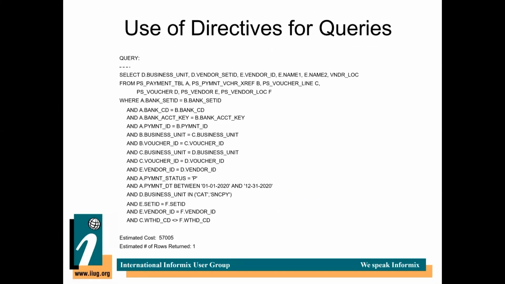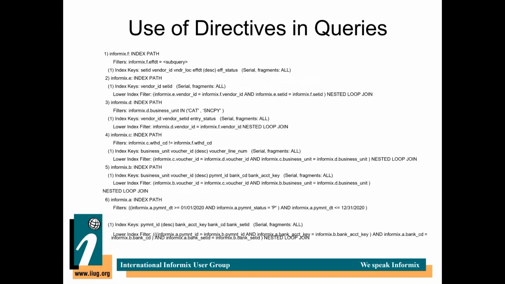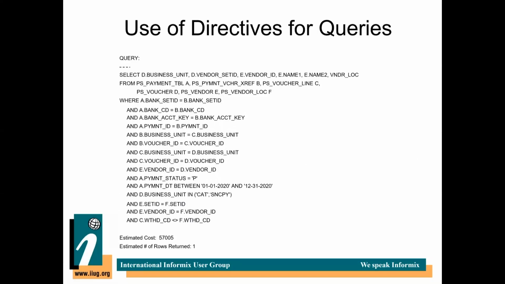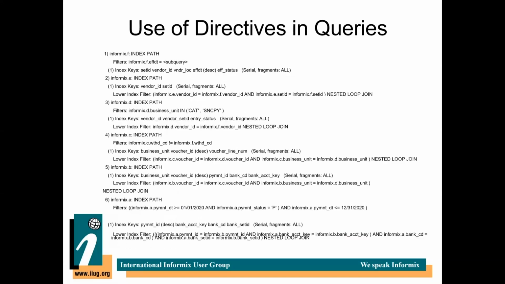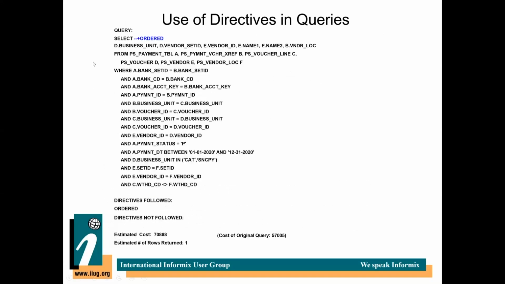So the only option I had was to force the optimizer to do it the way I want it to. In this case, we had an estimated cost of $57,000, and the first part of the index wasn't the most optimal way that I wanted to use.